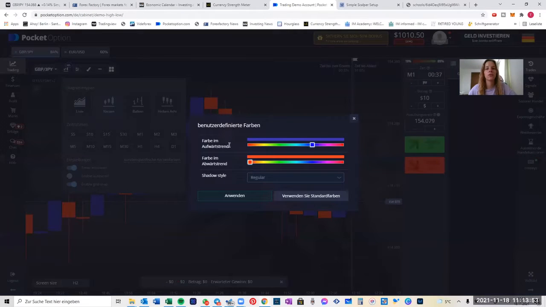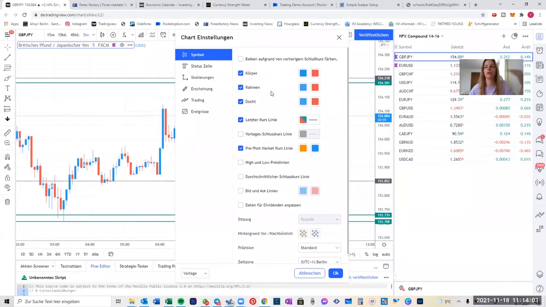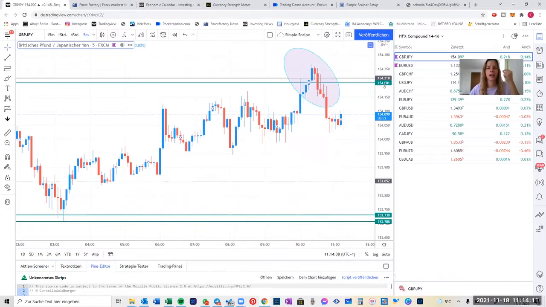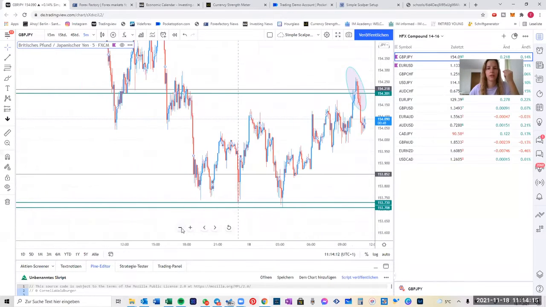Then go to client specific, and then you can choose here red as standard, but yeah, blue. Otherwise you have everything green. So that's the setting I have, and it's pretty clear.